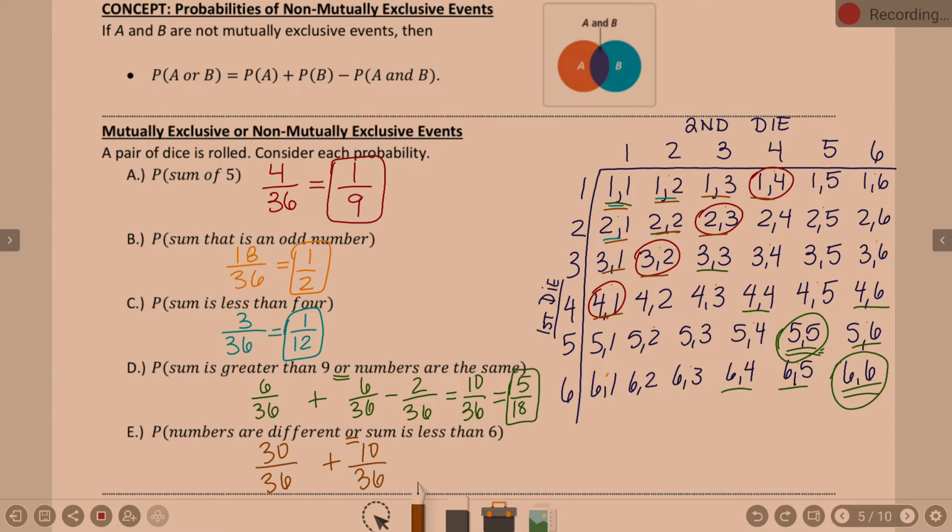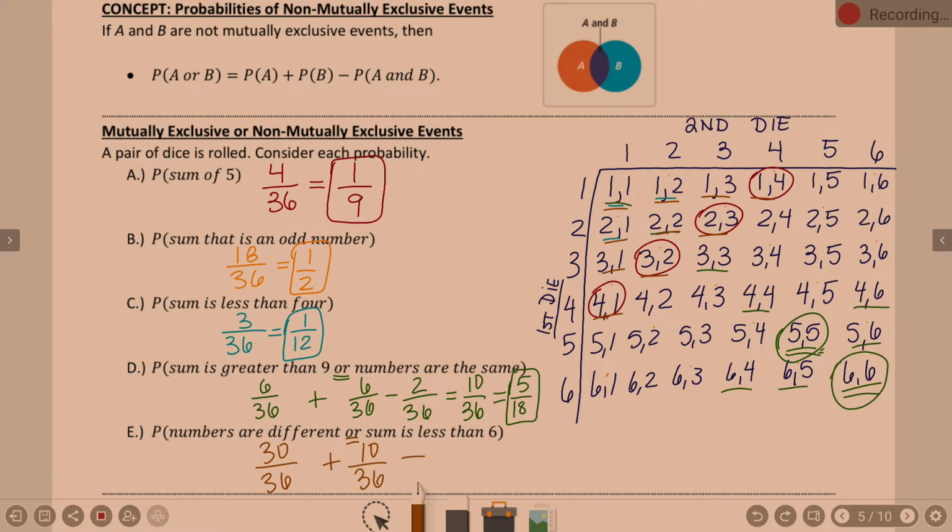Now, are there any that are going to overlap here? Absolutely. Not all of them, no. How many do I have to subtract off that are overlapping? 1, 1; 1, 2; and 2, 2.